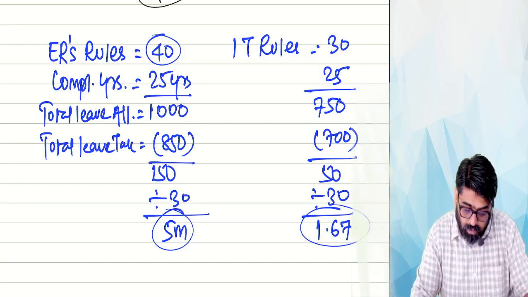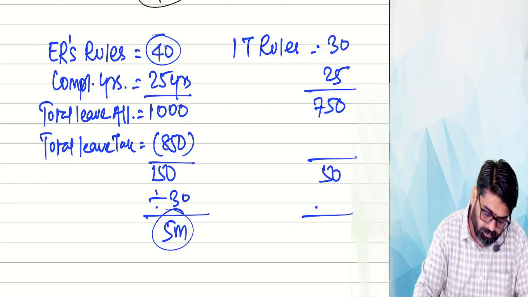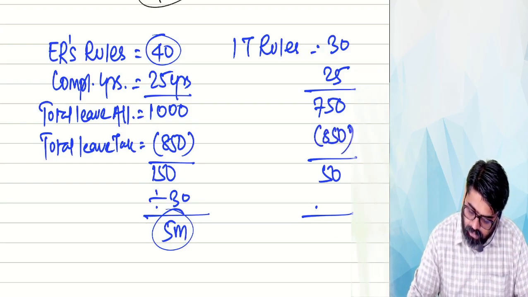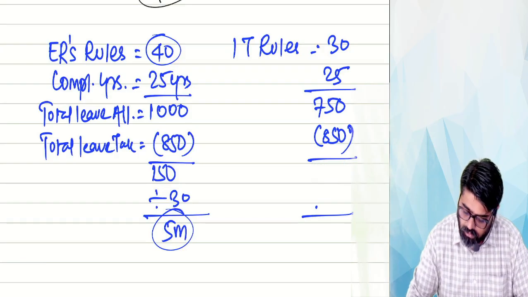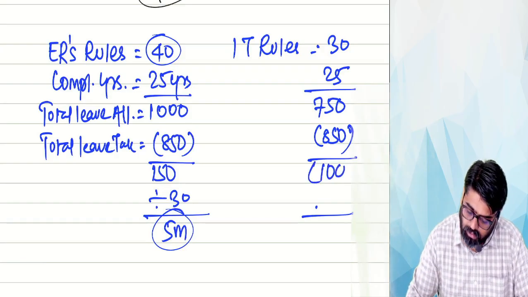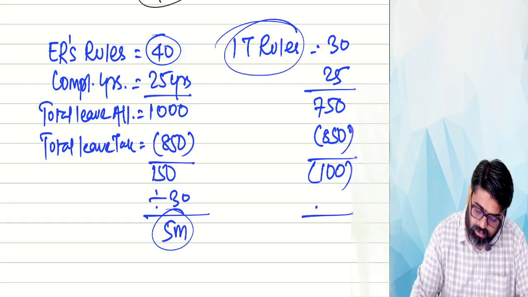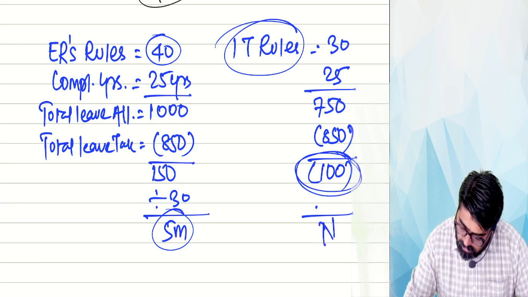But if you calculate as per IT rules, now tell me what will happen. 750 minus 850, you will get negative 50. Sorry, negative 100. Okay. Negative 100, meaning that as per IT rules, there are no leaves to your credit. What is the leave credit? Nil.